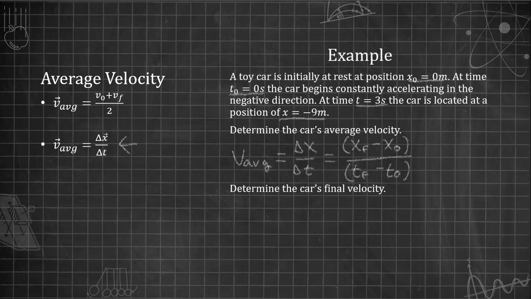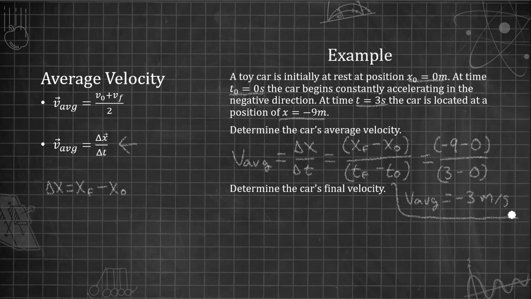So you see we've broken up the delta x to x final minus x initial according to our definition of displacement. And we've done the same with time. Now just plugging in the values, we can calculate what this average velocity will be. So we're going to get that our average velocity is 3 meters per second in the negative direction.